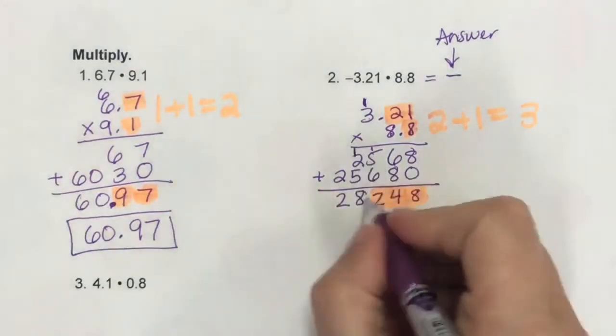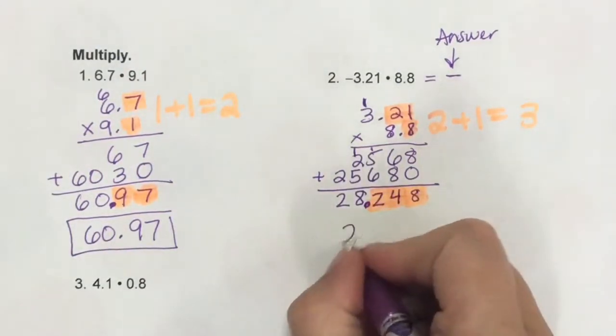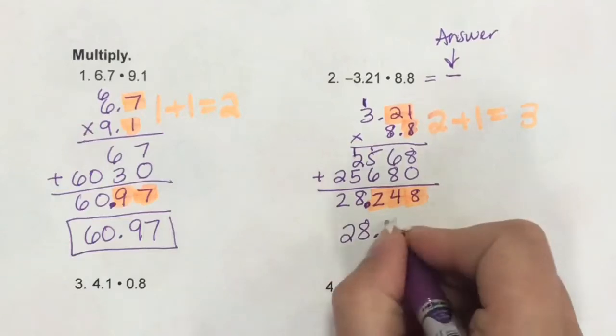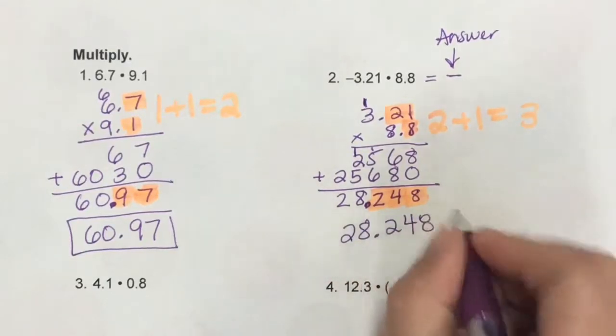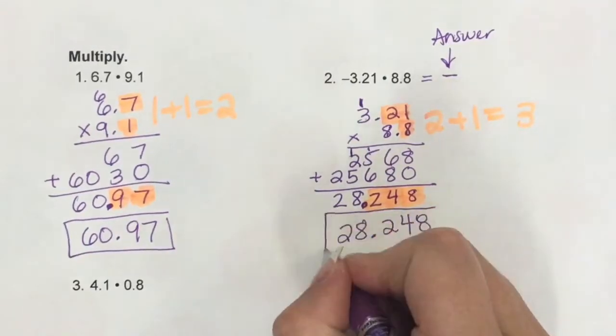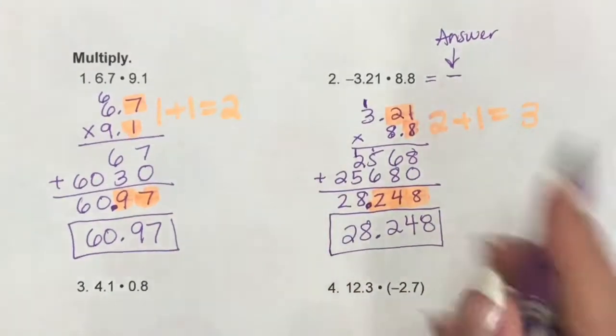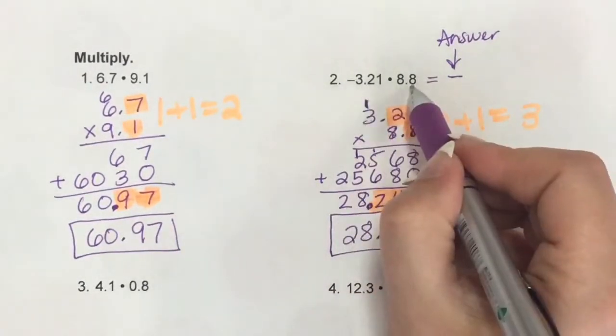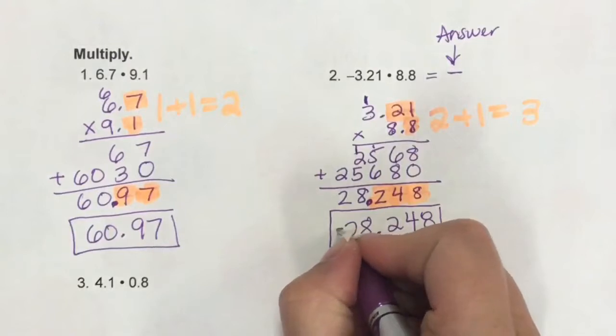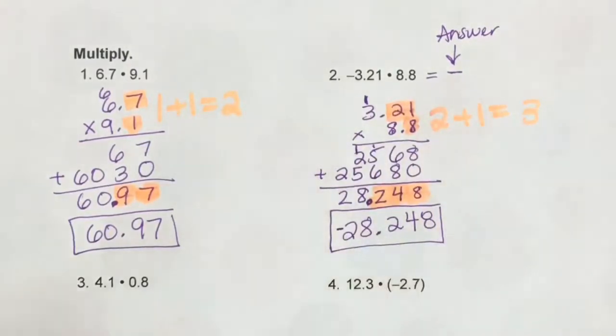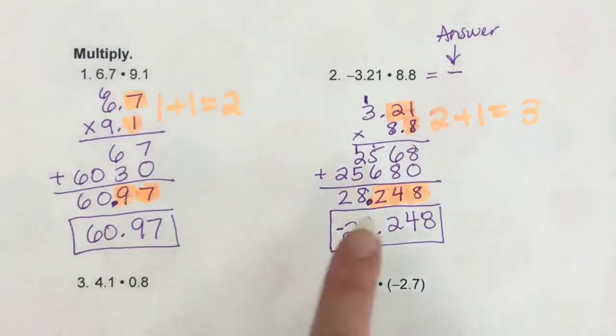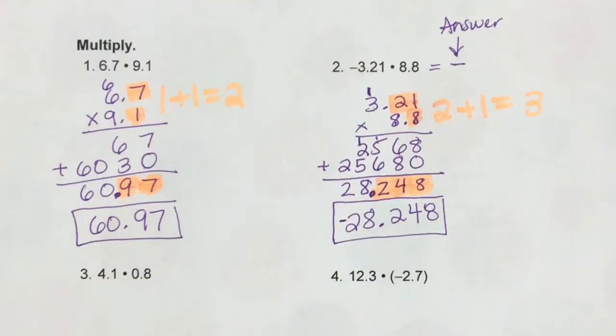So this is where we put our decimal. So that means our answer is 28.248. Right there. Oh, but we have to remember it is a negative times a positive, so our answer is going to be negative. It's negative 28.248. All right, I hope you got that one right, and I hope you remembered the negative.